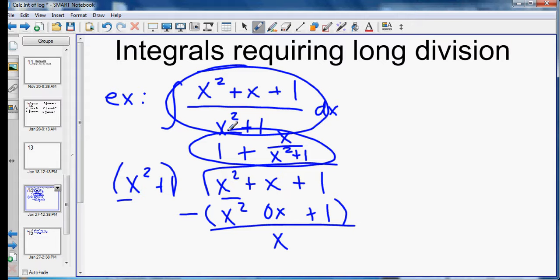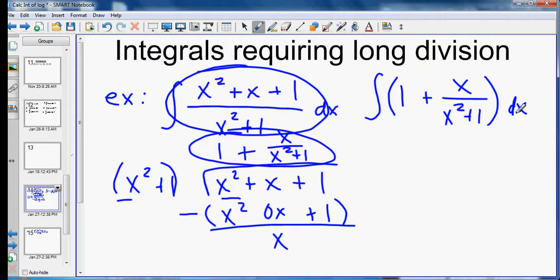Now I'm still in an integral, but I've now changed the form of the integral to be this. And this we can handle using u-substitution. If it helps you, we can think of this as two separate integrals. Just split up the 1 and the x over x squared plus 1.